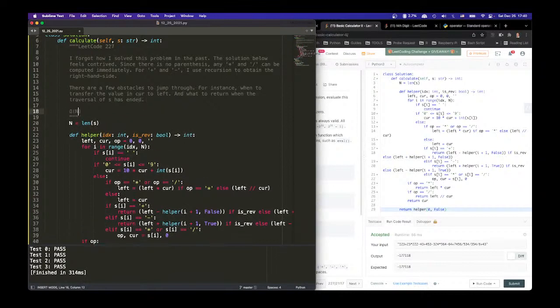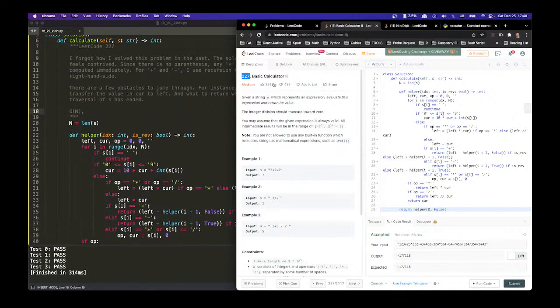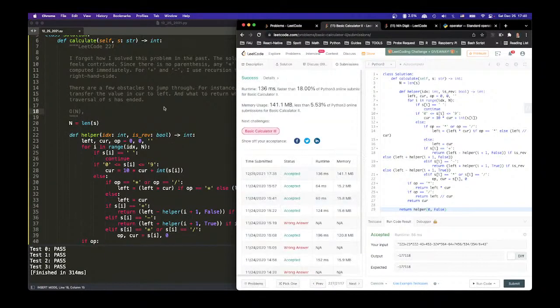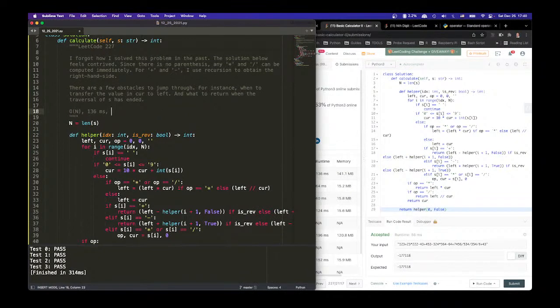But overall, this is going to be an O(N) solution, and we hit a not so glamorous 136 milliseconds, or an 18% ranking. Not very bad.